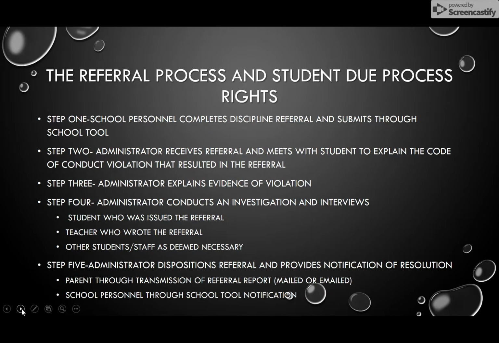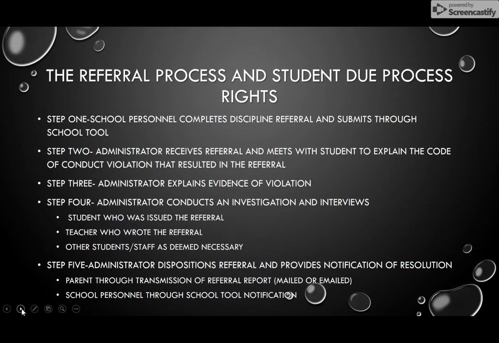There are 5 steps that the referral goes through when it is written. And those steps are, first, one, school personnel completes the discipline referral and submits it through School Tool. Step 2 is that an administrator receives the referral and meets with students to explain the code of conduct violation that resulted in the referral.